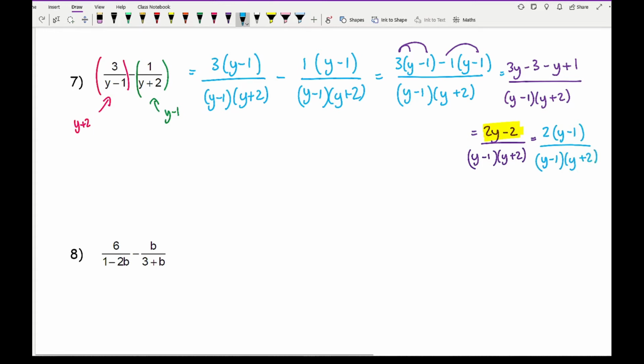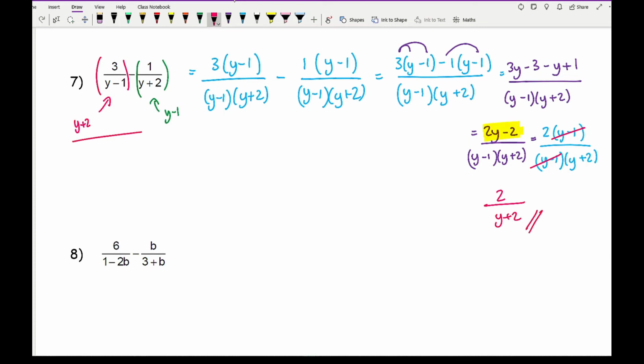Again, this is the reason why you do not expand the brackets in the denominator, because you should be able to find here that I've got y minus 1 both on the top and the bottom. Now I can cancel those down, leaving me with a final answer of 2 over y plus 2. And there we go.